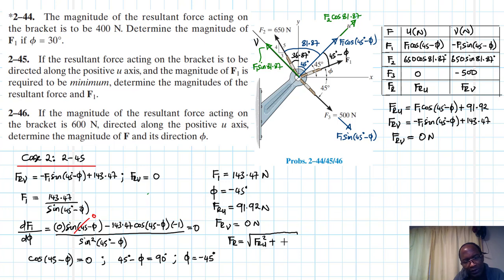FRU squared plus FRV squared. Therefore, once we plug in those values there, it gives us 91.92 newtons. Right.